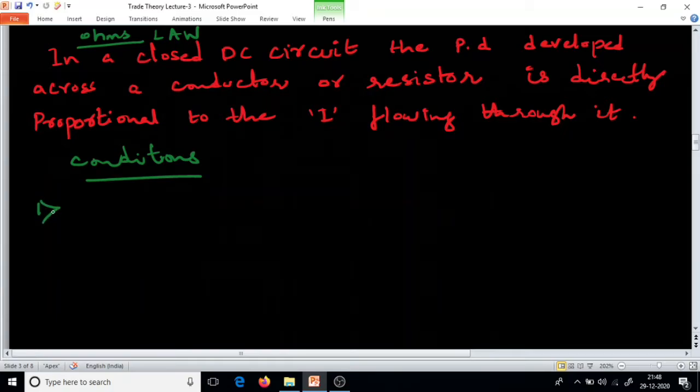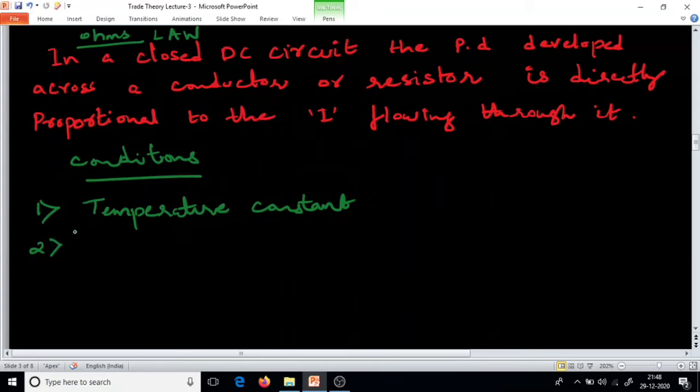That is, temperature should remain constant. We will consider temperature constant. Then only this Ohm's law is valid.